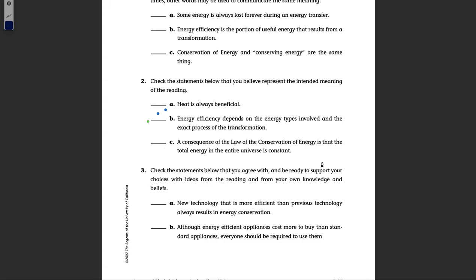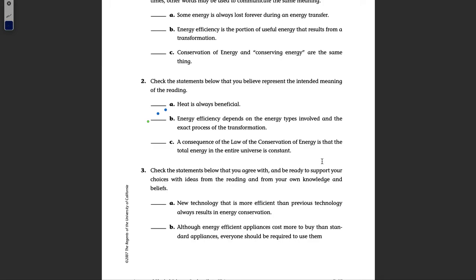Statement C, a consequence of the law of conservation of energy is that the total energy in the entire universe is constant. What that means is that however much energy is in our universe, it remains the same all the time. Because remember, energy cannot be created, cannot be destroyed, it's always there. It can either be transformed or transferred.